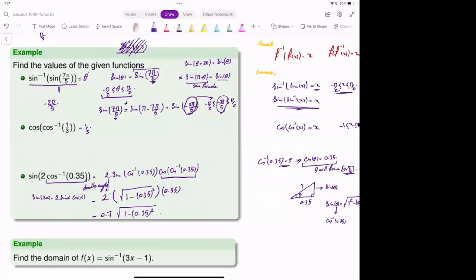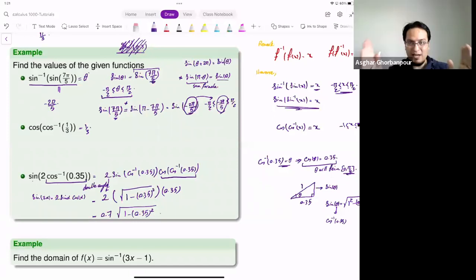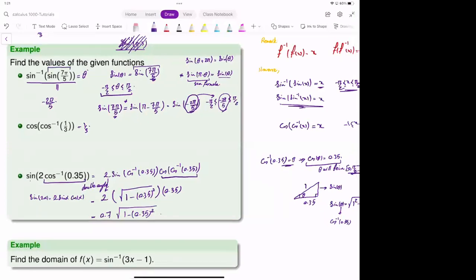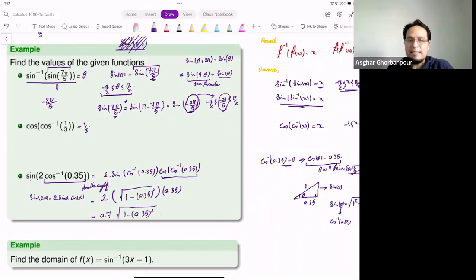So I found an angle in that interval that has the same sine value. So even if the x inside the bracket is not between negative pi over 2 and pi over 2, it can still be solved. Exactly, because sine of any angle, any number you put there, makes sense.